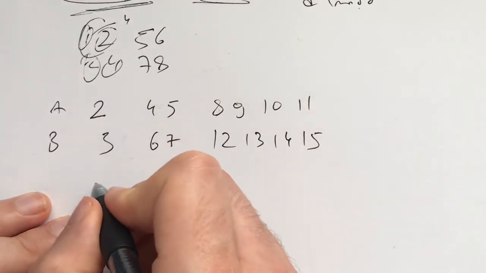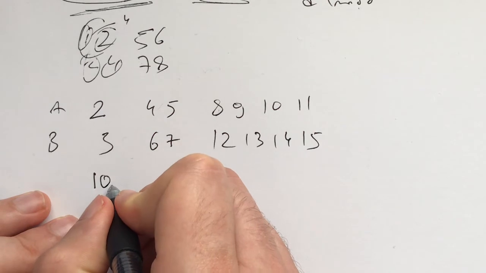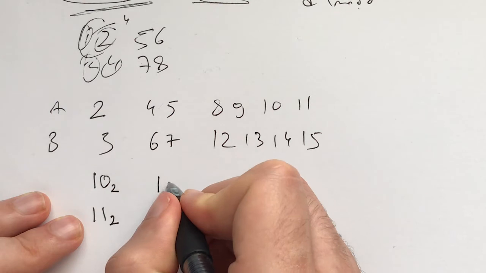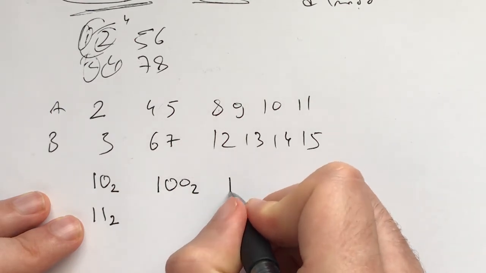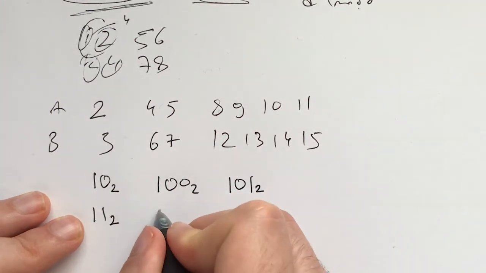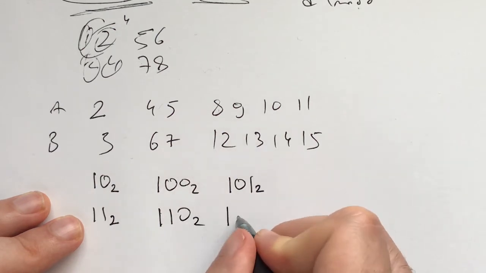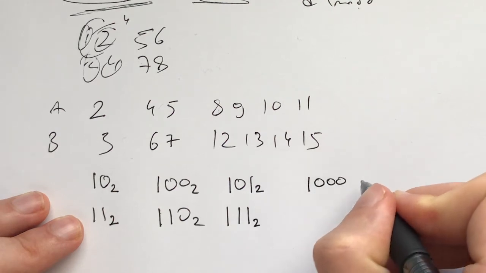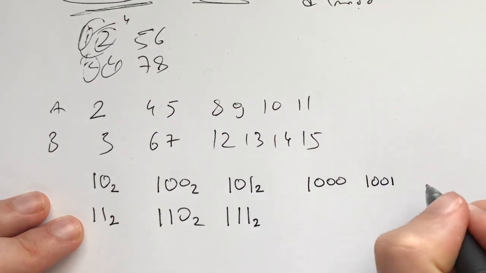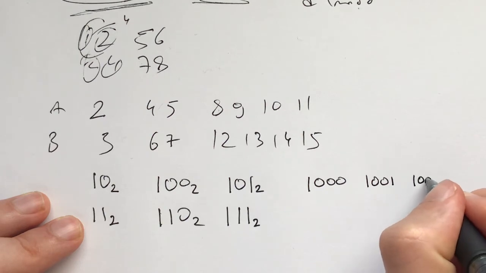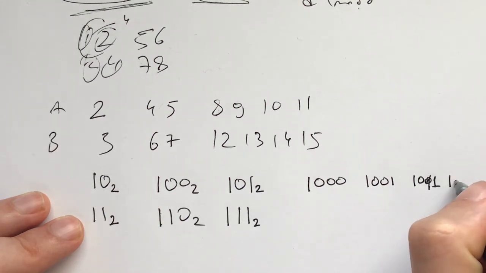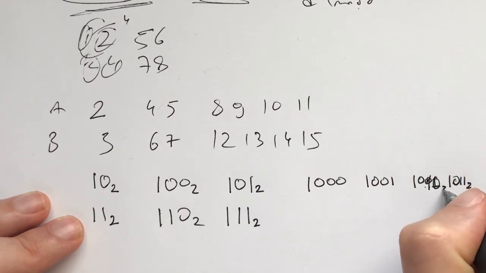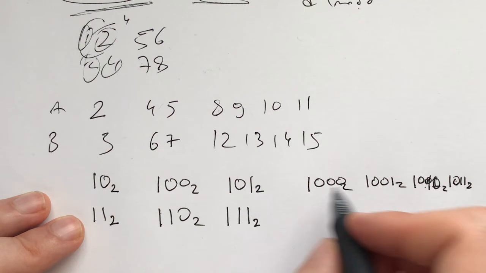And if I transform them into base 2, I'm giving 10 to A, 11 to B, and then 100 and 101 to A, 110 and 111 to B, and so on.